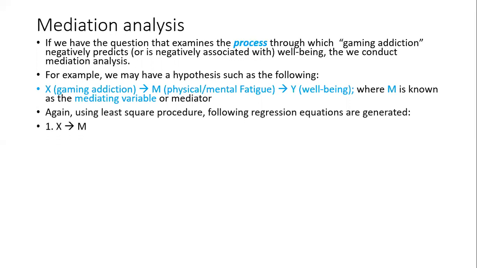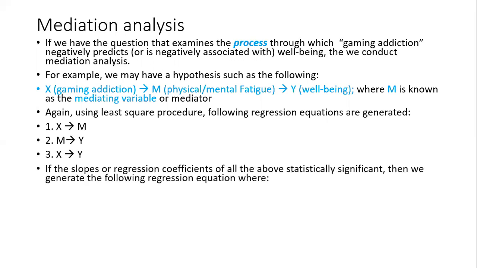So X predicting M, then M predicting Y, X predicting Y. If the slopes or regression coefficients of all these three are statistically significant, then we generate the following regression equation where both X and M are taken to be predictors of Y.